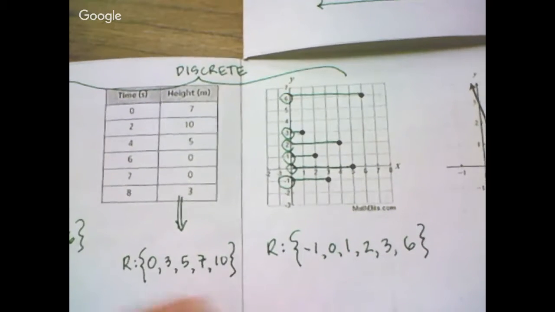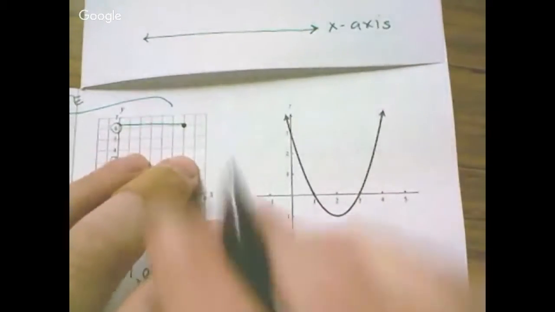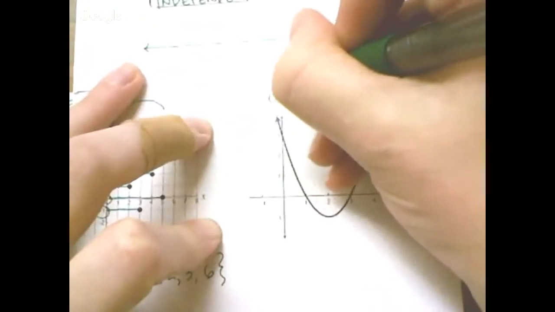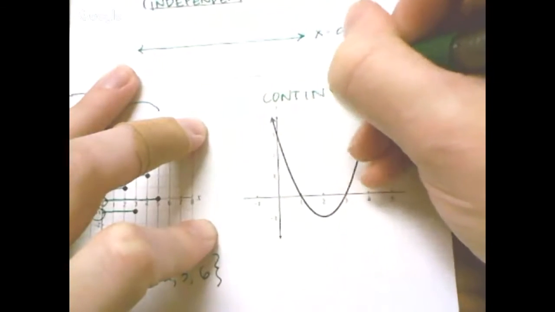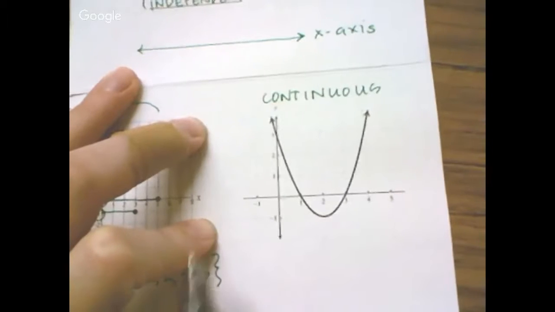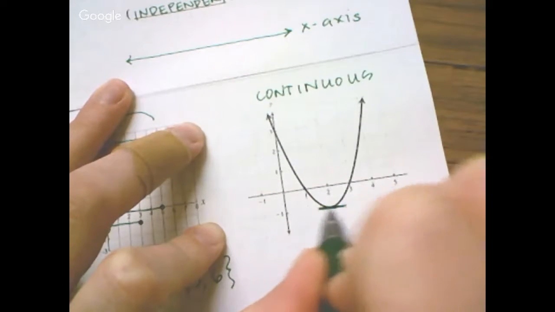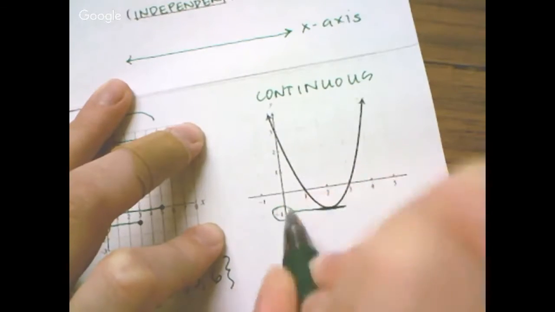So those are all my discrete data representations. If I have one that's continuous, I'm still looking at my y-axis, but this time I have a limit. So I'm not going past this point.